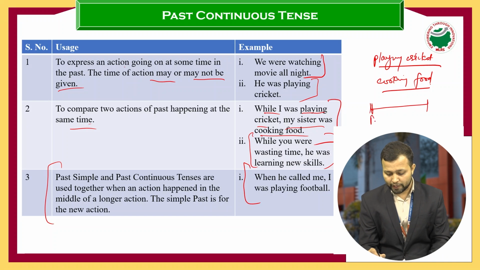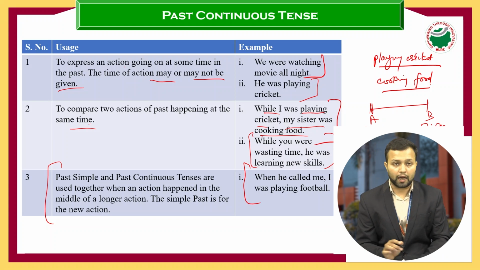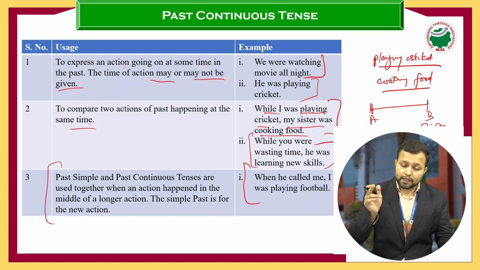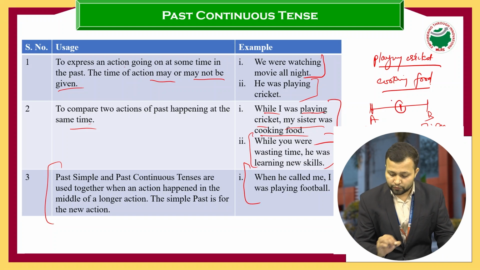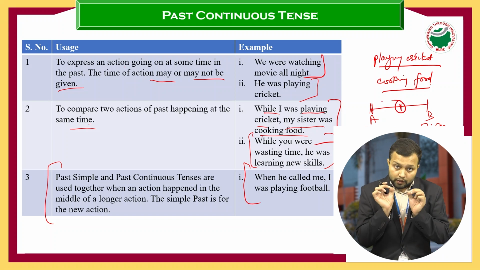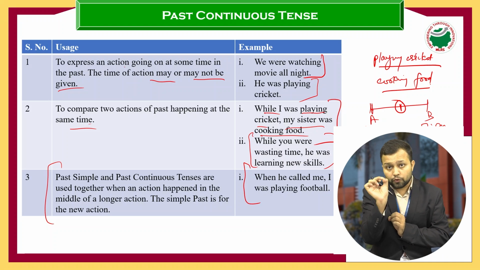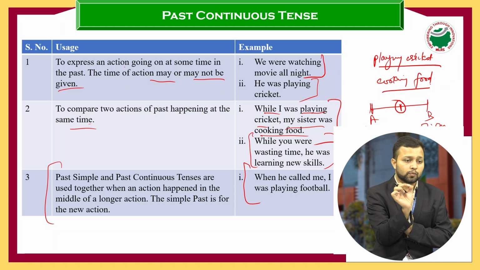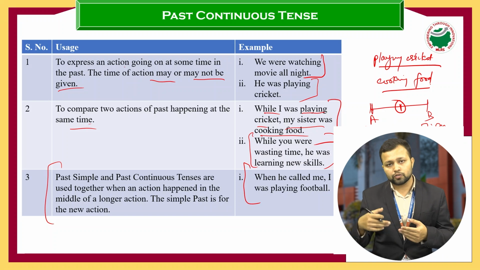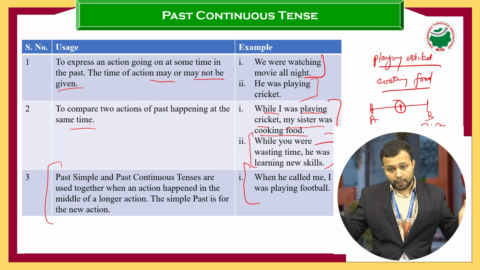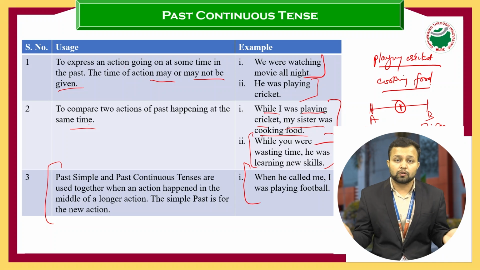Now from point A to point B, for example, 6 p.m. to 7 p.m. During this 1 hour, I was playing football. In between that 1 hour, he called me. He called me at some point of time. So for that action which happened once or twice for a point of time, just a moment or minute, we are going to use simple tense, past simple tense. For a period of time, we are going to use continuous tense because the action was continuous over a period of time.